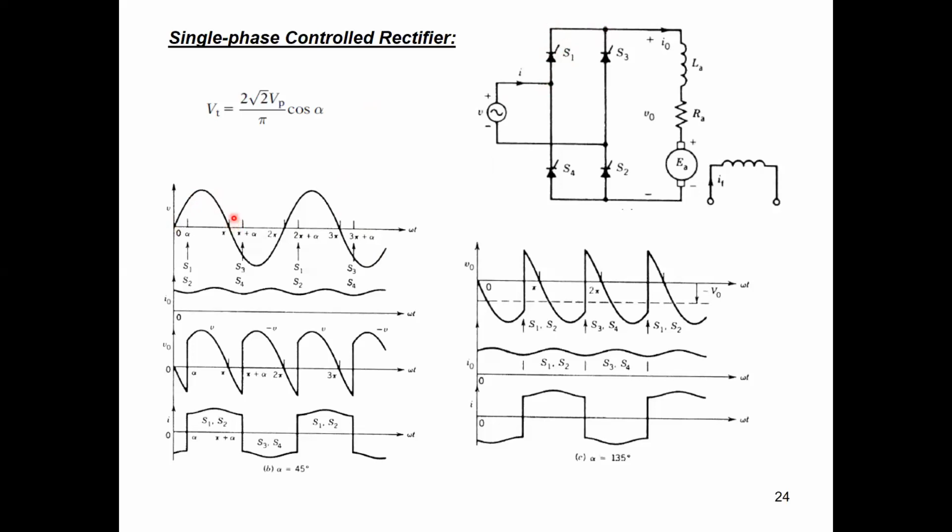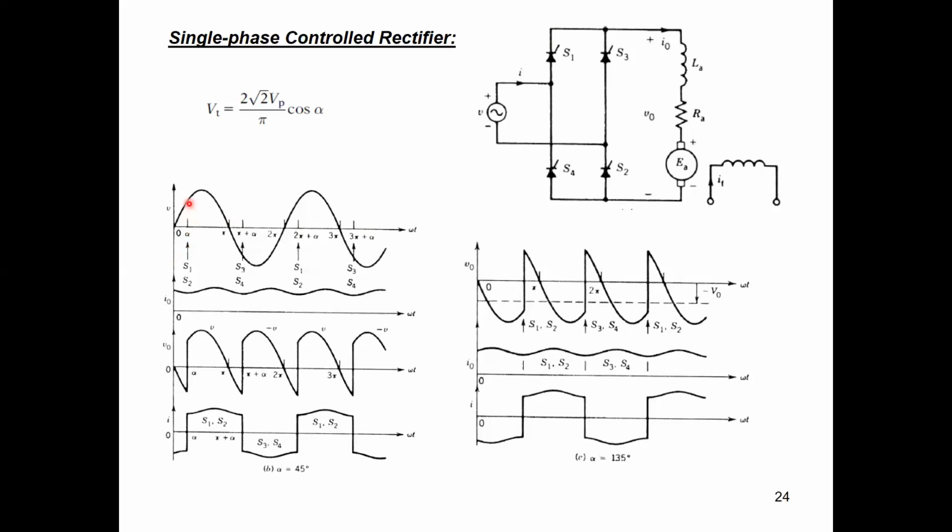However, when we turn on this thyristor depends on the instant of applying the firing pulse. Here, for example, this instant is called alpha, the instant at which we apply the pulse to the thyristor. So at this instant, thyristor S1 will be turned on.